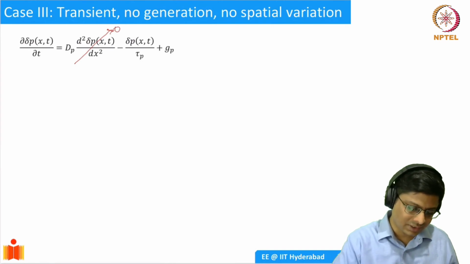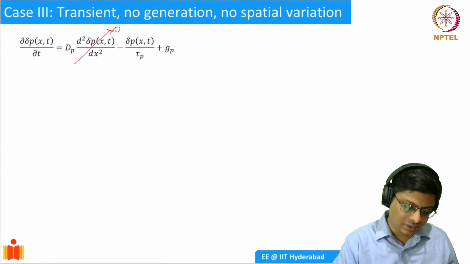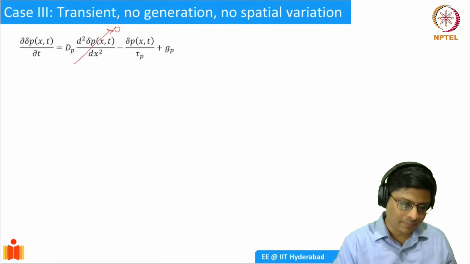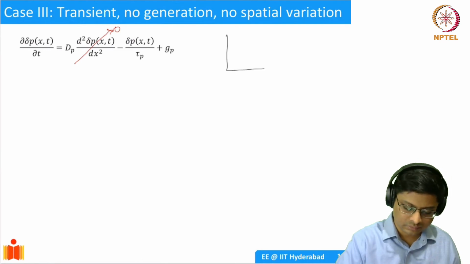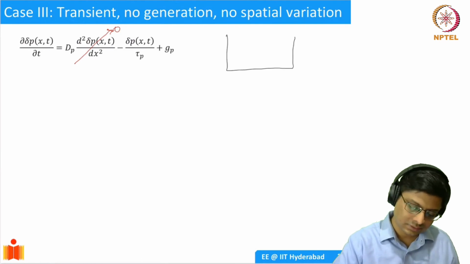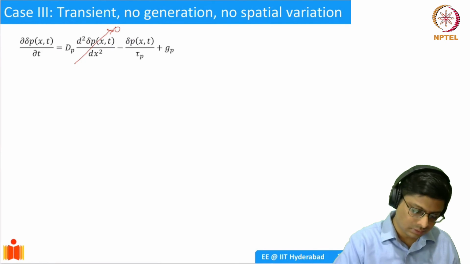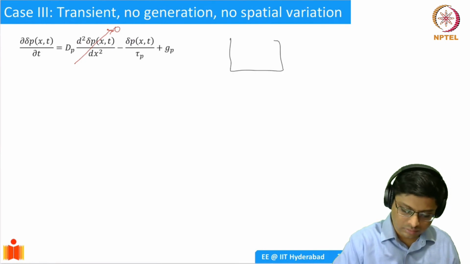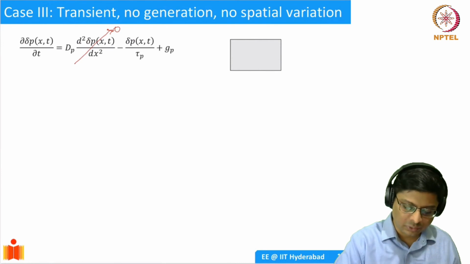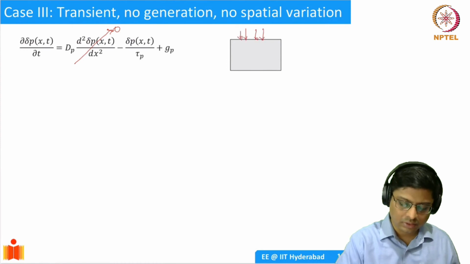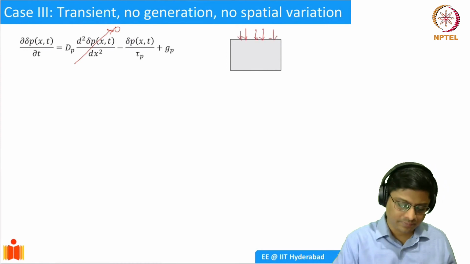And then there is no generation. Okay. Well, what it means is, let's say I'll take a sample. I'll shine it with photons uniformly, so that there is no spatial variation.